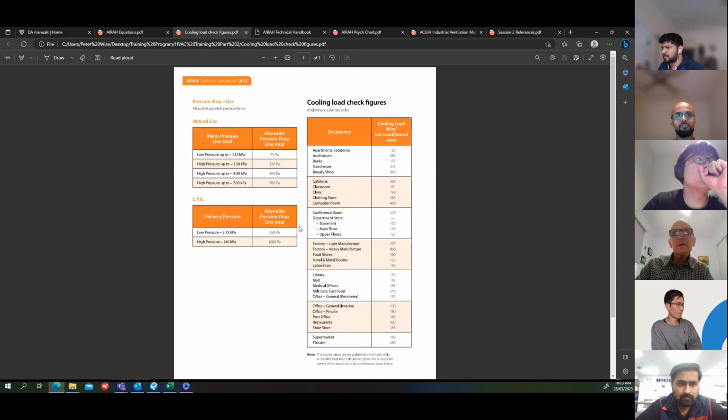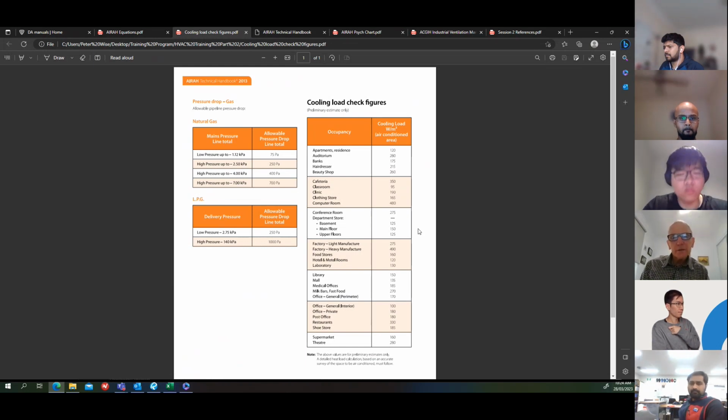Cooling load check figures. These can be useful at the start of a project if you're trying to get a feel for what the total load of the project might be. So you give it a new building and someone says, oh, what's the heat load likely to be? Well, you can have a look at this and say, well, it's probably going to be, let's say it's an apartment, the first one, about 120 watts a square metre.